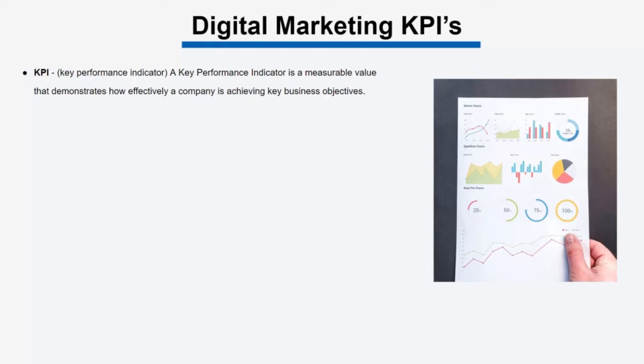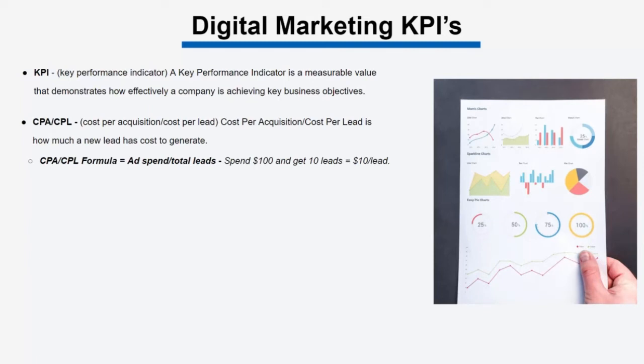Now for us, since we're focusing in on paid ads, this is where we're going to see various KPI metrics. So let's go ahead and look at the first one here. CPA, cost per lead or cost per action or acquisition. And what this essentially means is how much it costs us to generate a new lead or a new opportunity. And then the formula for this is ad spend divided by total leads.